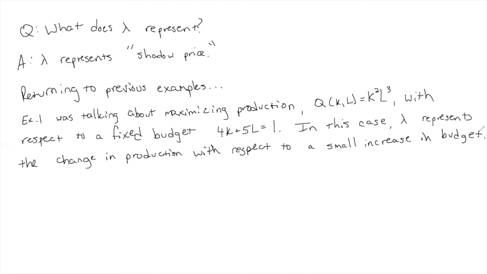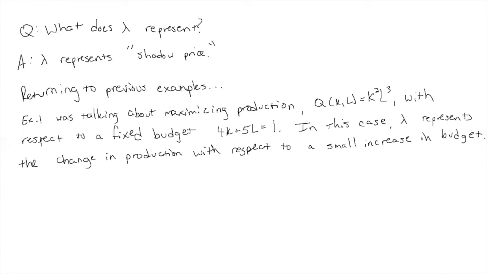Meaning, if I loosen this constraint a little bit, if I change my constraint just a little bit and allow a slightly bigger budget, how does that affect my maximum production? Of course, production will probably go up if my budget is relaxed a little bit, if I have a little bit of wiggle room, right?